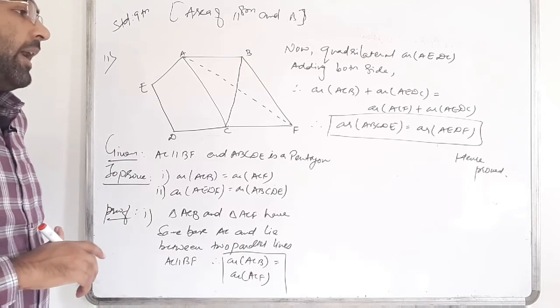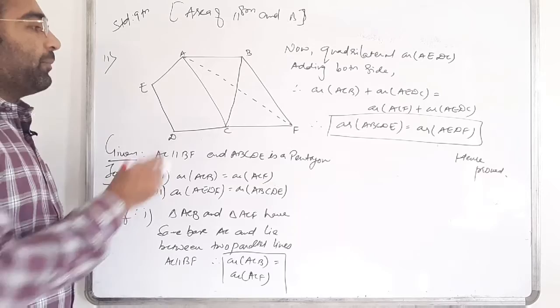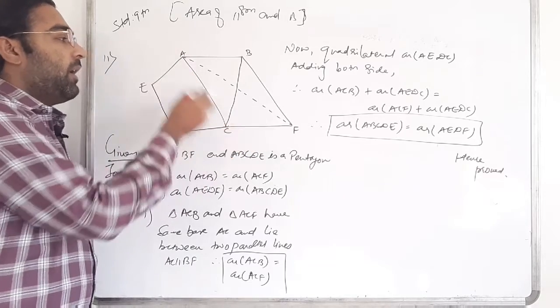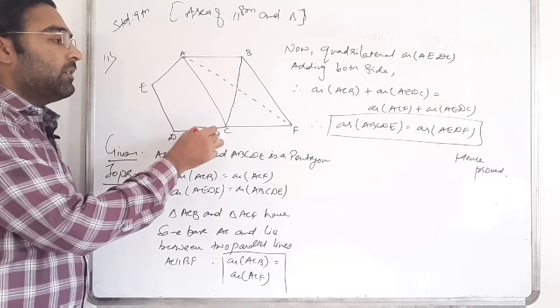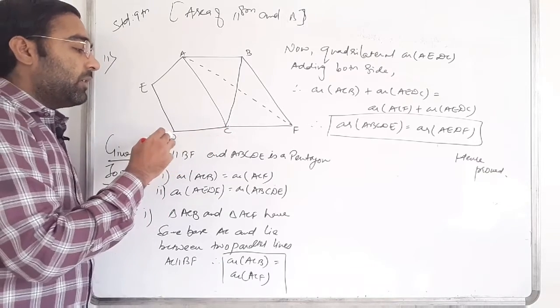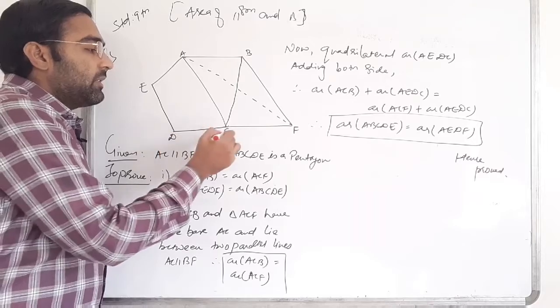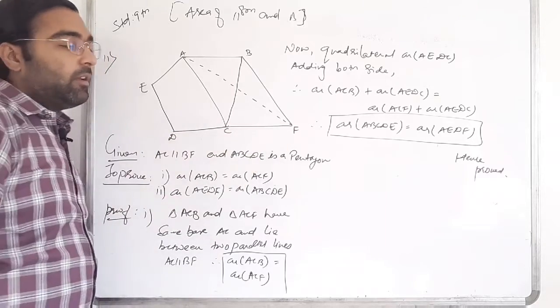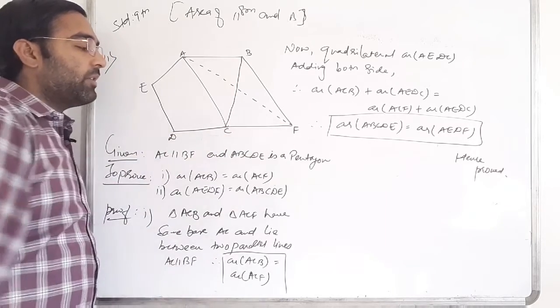Here I'll tell you one thing: in ACF I'll add AEDC. So why should I not consider the C? Because C, D, F are on the same line, that is, collinear points.